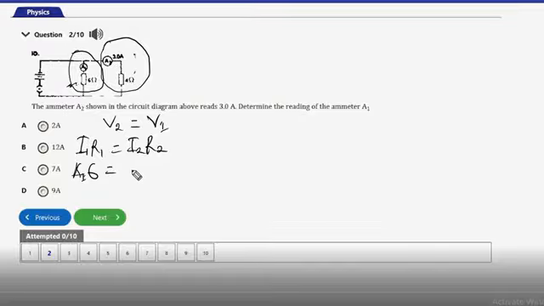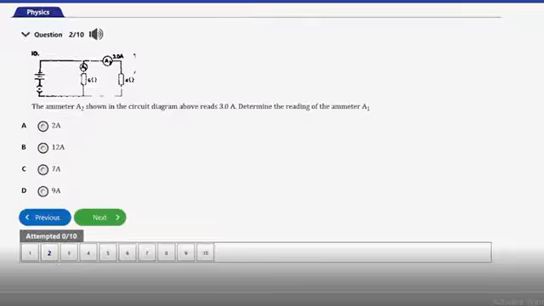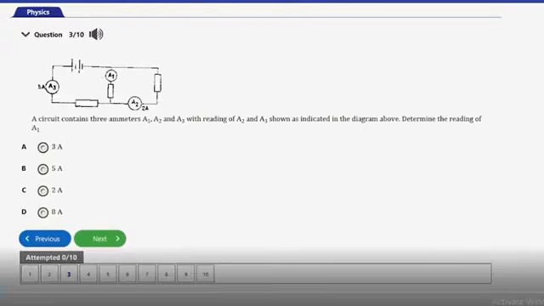This will be equal to I2, which is 3 amps, times 4 ohms. So A1 here, if we make it the subject of this equation, will be 3 times 4, that's 12/6. So this will be 2. So the answer to this question is option A, and that's 2 amps. So let's go ahead and consider the next question, guys. So that's question number 3.